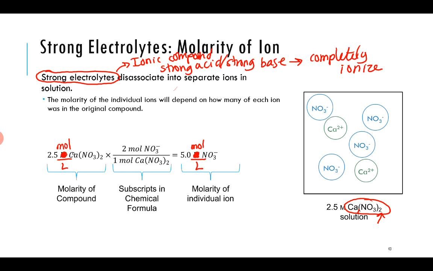I can cancel out the calcium nitrate and say for every 1 mole of the compound, I'm going to make 2 moles of nitrate. So my moles of calcium nitrate cancel out, and I'm left with moles of nitrate per liter. Since I'm left with both of those units, my final unit is the molarity of one ion.